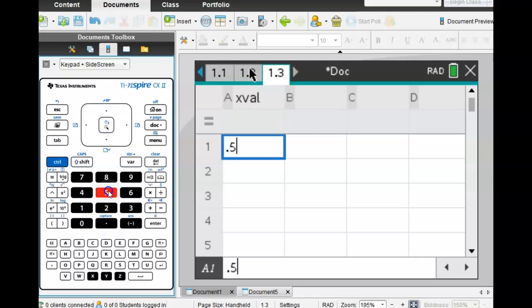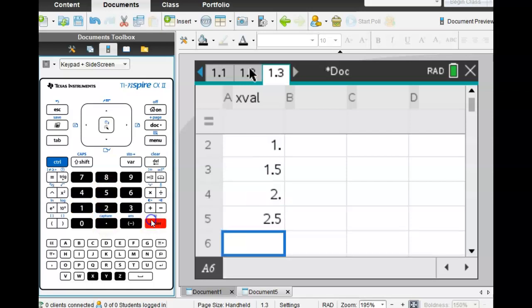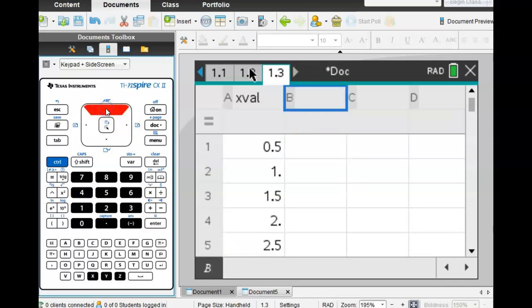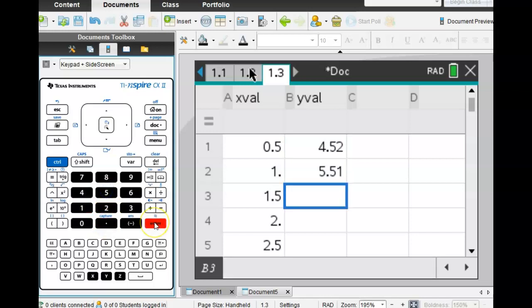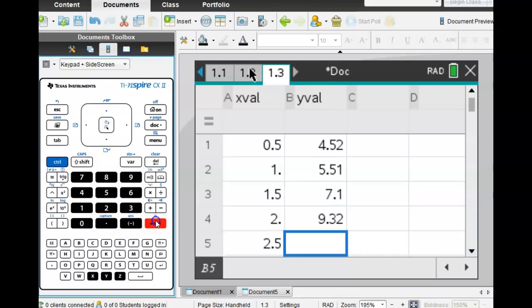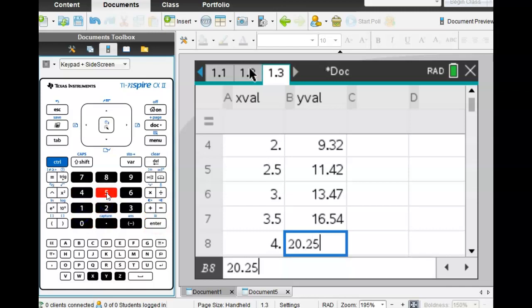And this is going to be 0.5, 1, 5, 2. Y value. Okay. All right, there we go.